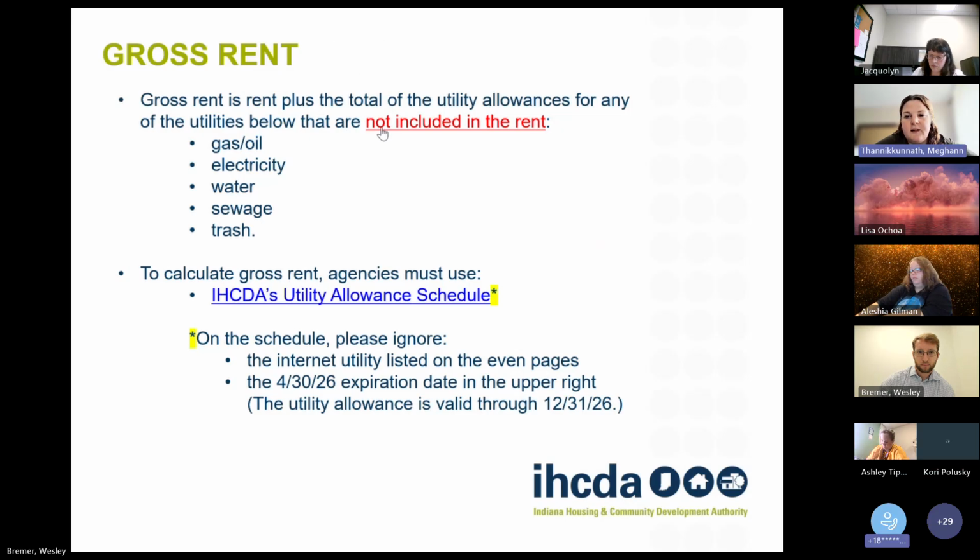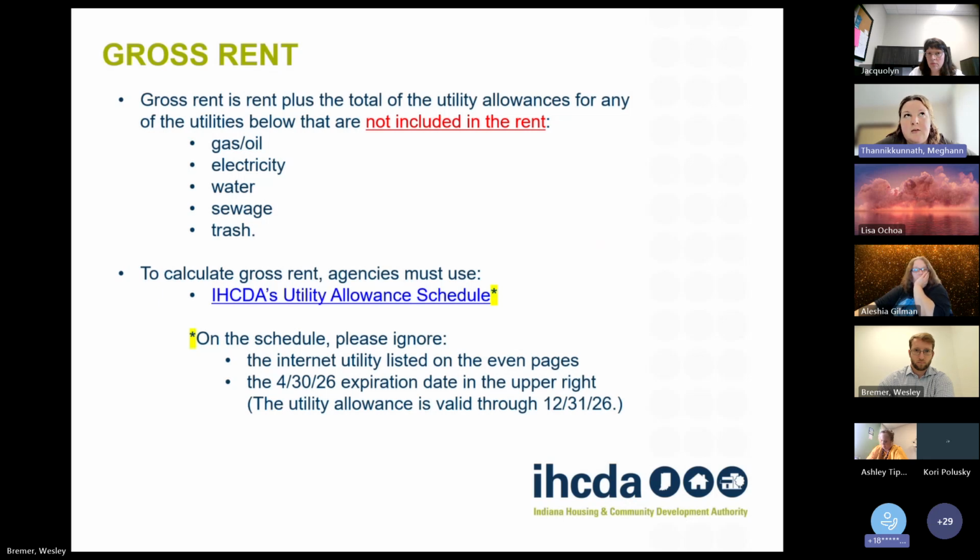Good morning, everyone. So first and foremost, gross rent is the total, right? Just like your gross income at tax time, gross is the total. That is the utility allowance for the unit in addition to the rent. And this is important following up on our presentation two months ago on income calculation, because once you have the income, then you have the maximum you can compare with the maximum gross rent as well.